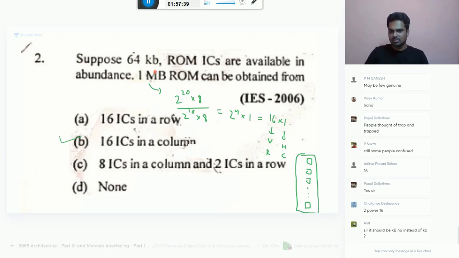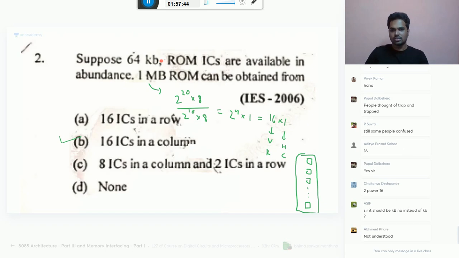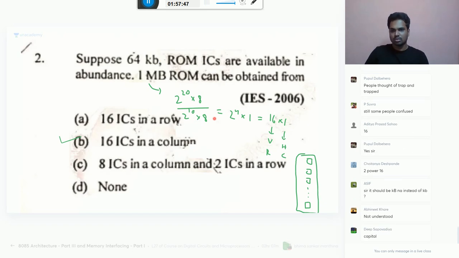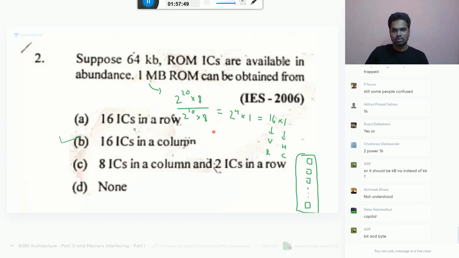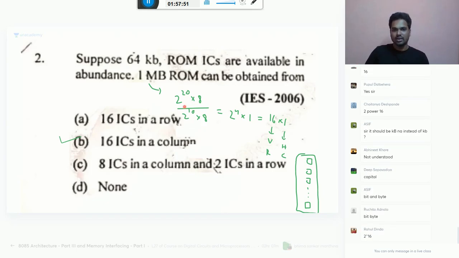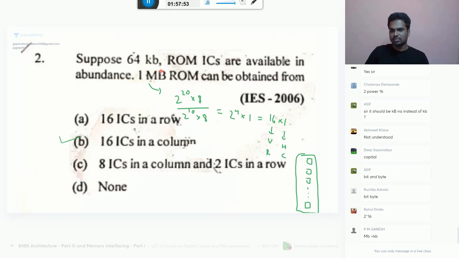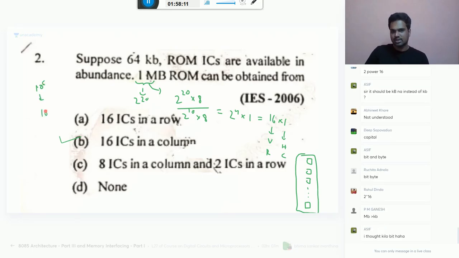It is MB, it is KB. What is the problem? MB is greater than KB. Megabyte. 1 megabyte is 2 power 20. Mega means 10 power 6, 10 power 3 is KB.